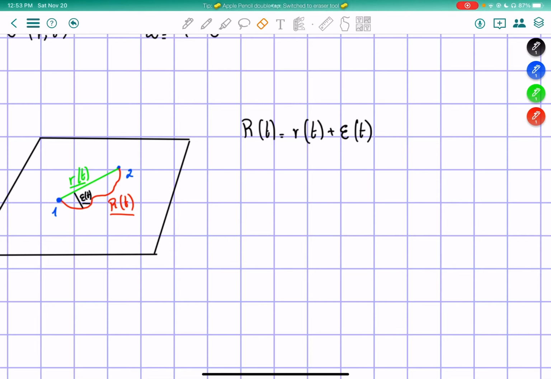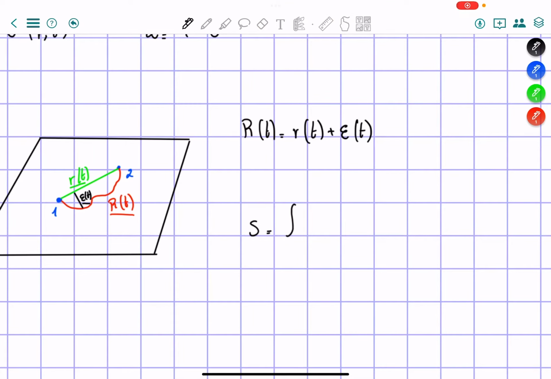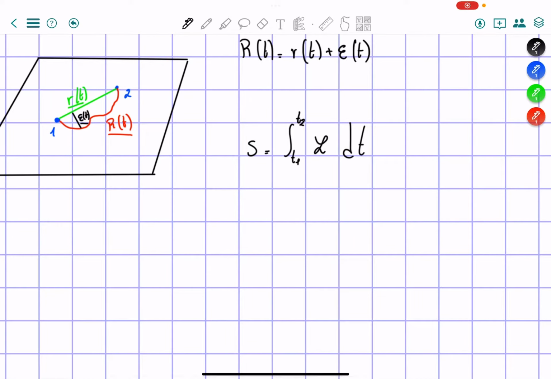So we can say that our stationary path should be equal to the integral from t1 to t2, so from the time in which the ball is at point 1 to the time at which the ball is at point 2, of our Lagrangian in terms of dt. So now here we would have two different ones.